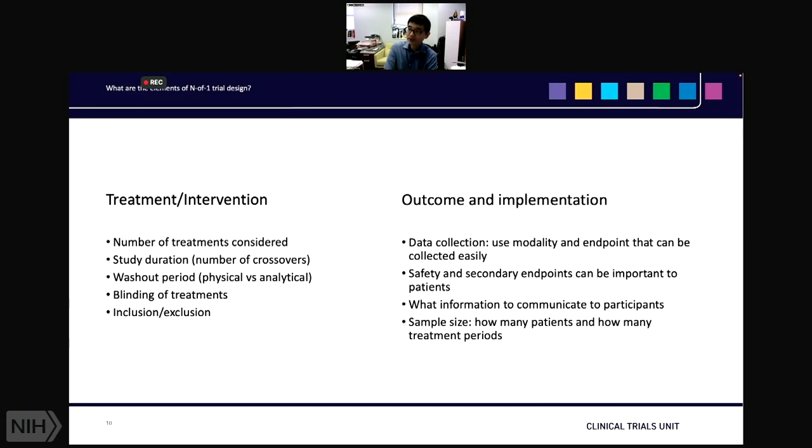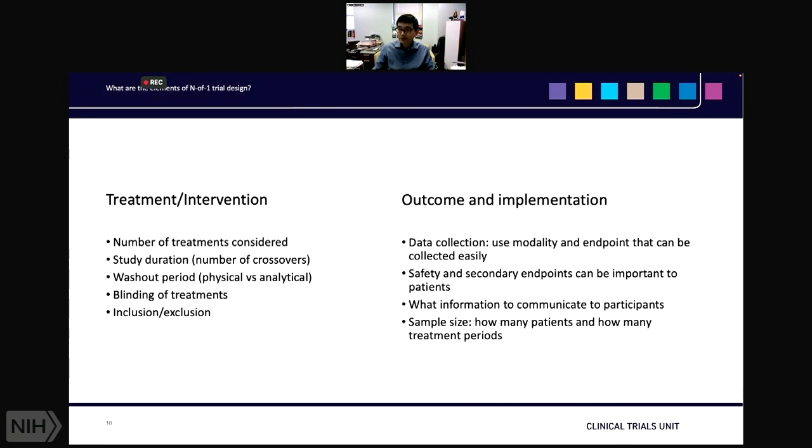And a related issue is the study duration. Again, if we test more treatments, we need a longer duration and more crossovers just to run through all the treatments available. An issue that we've again talked about is the washout period. We could apply physical washout or analytical washout.